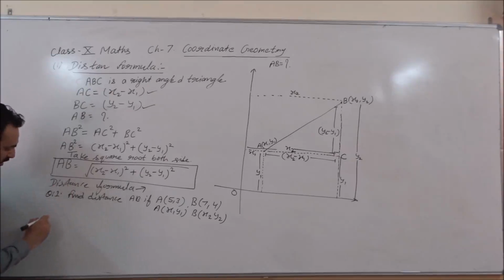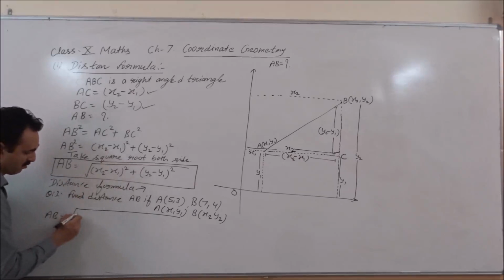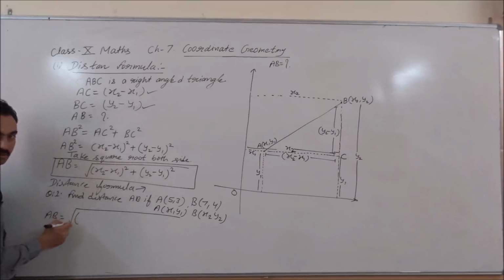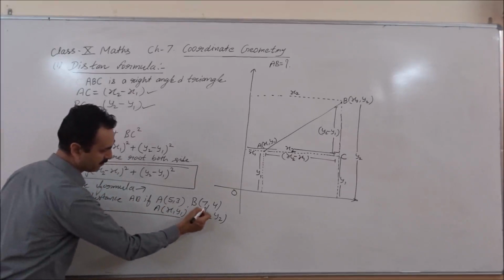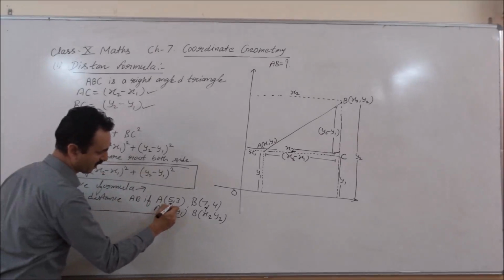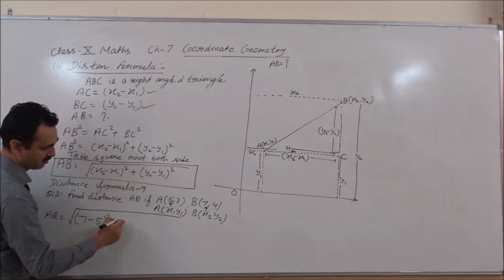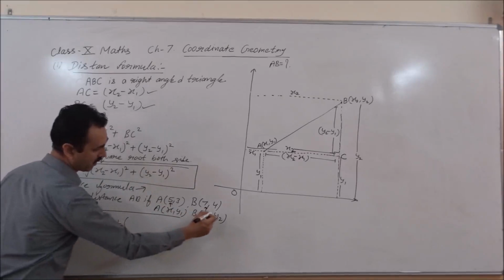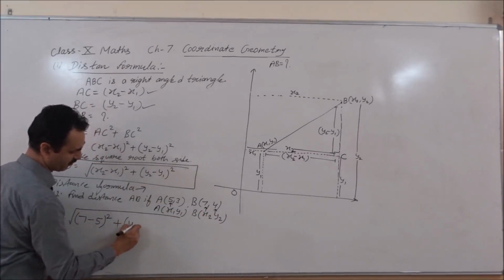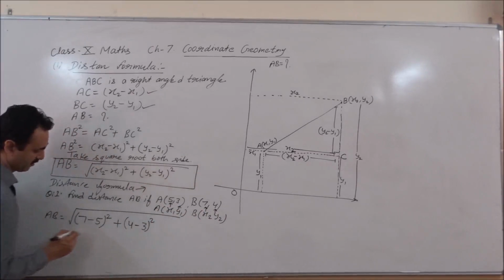So we put the values in this formula. I am directly putting the values, but you have to write the formula again and again. First, under the root, what is x2 here? x2 is 7. So 7 minus x1, 5, bracket close, square, plus y2, y2 is 4, minus y1, 3, square, right?